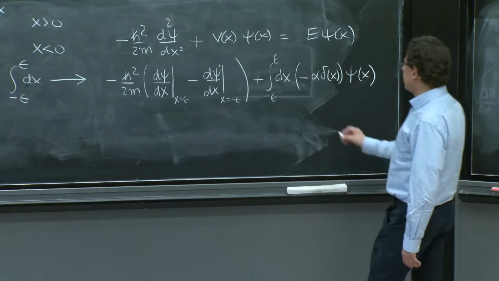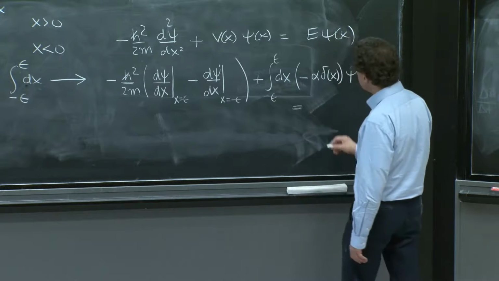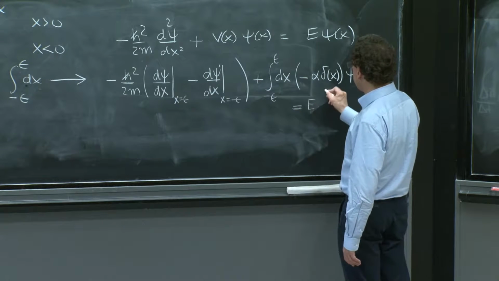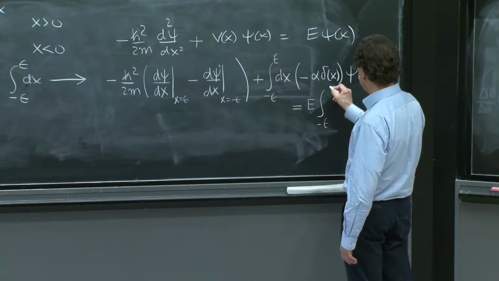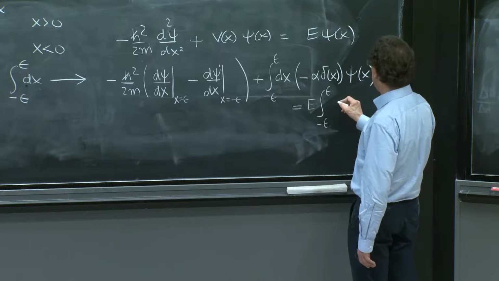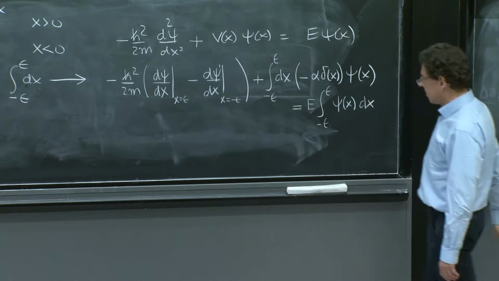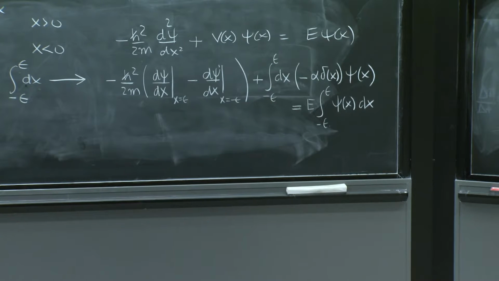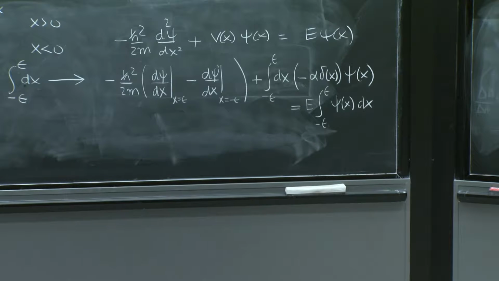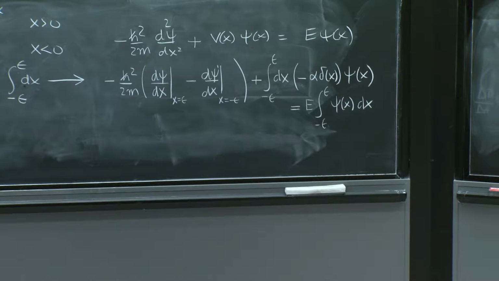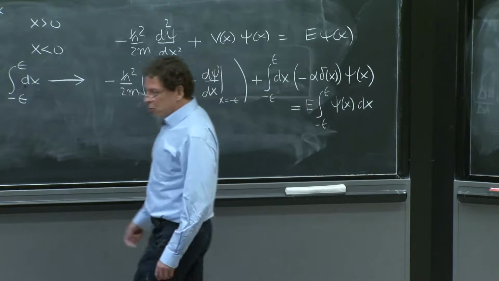And on the right-hand side, this would be E times the integral from minus epsilon to epsilon of psi of x dx. So that's the differential equation integrated. And now we're going to do two things.